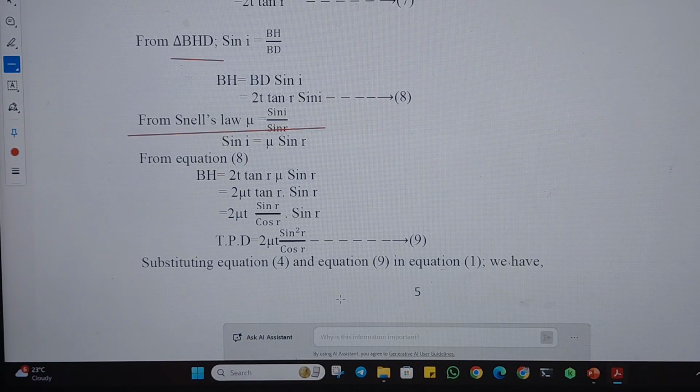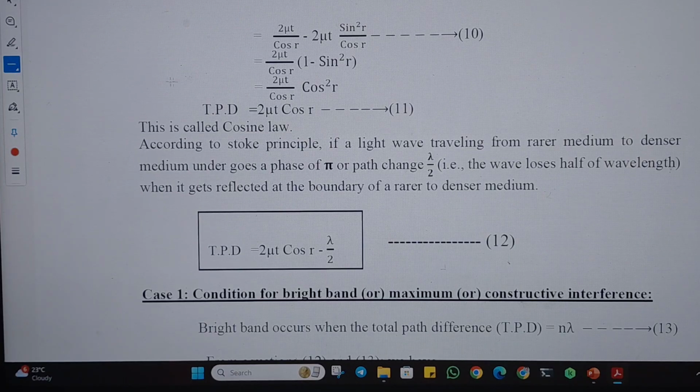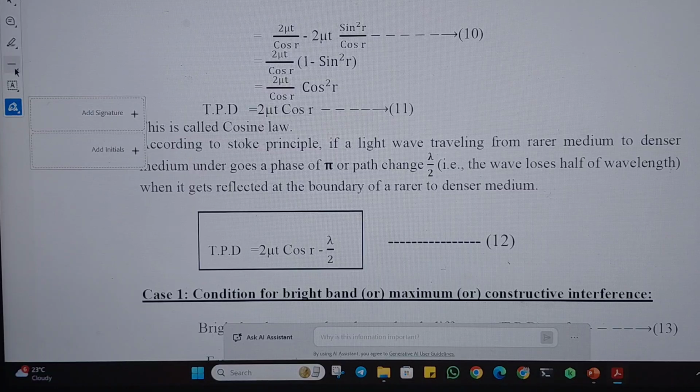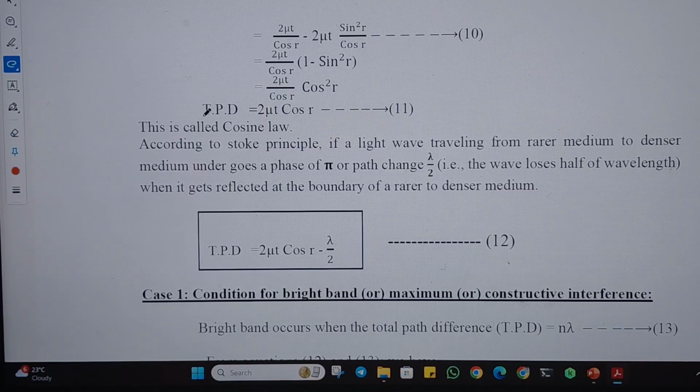So substituting equation 4 and equation 9 in equation 1, what we get here is the total path difference 2 mu t cos R. So we can see the path change here, from rarer medium to denser medium.